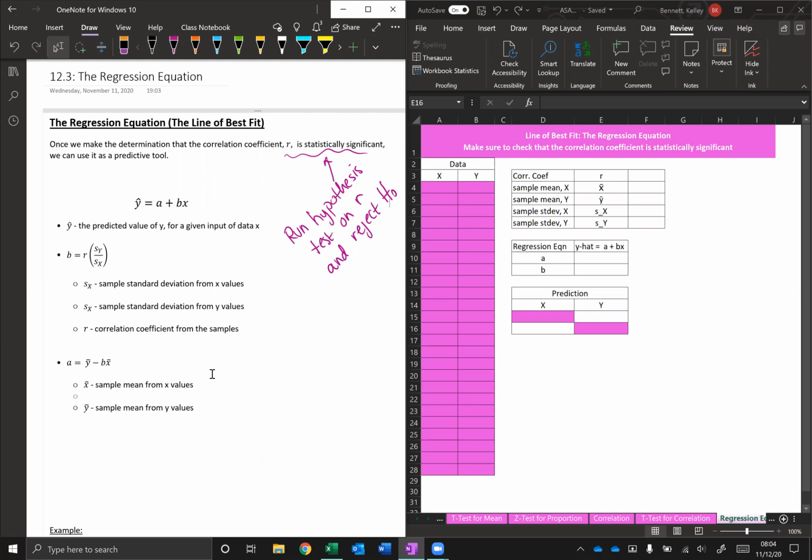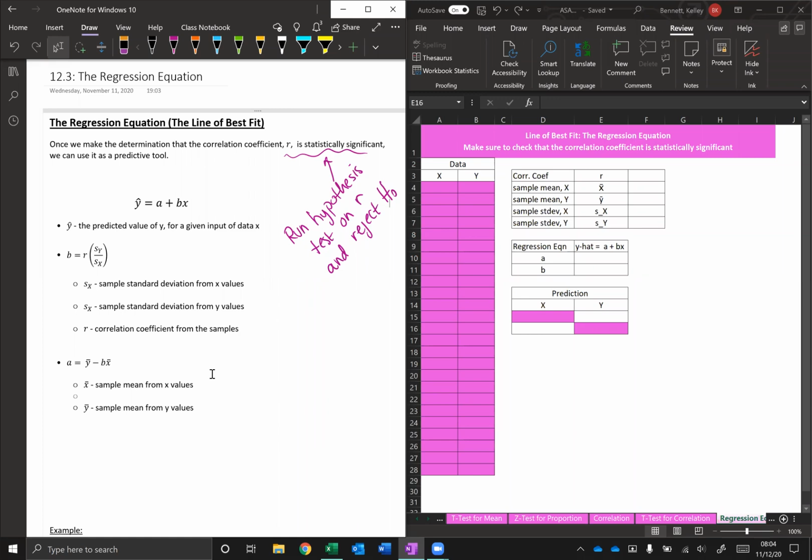Based on this trend, what do you think y should be? That answer, that's y hat. It's a predicted value of what y should be. It's not the true value, there's some variation there, but it should be relatively close depending on how good my correlation is. And then we see that it's A plus Bx.